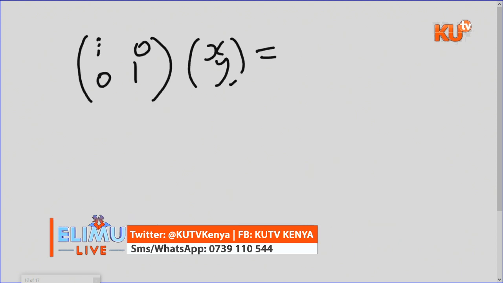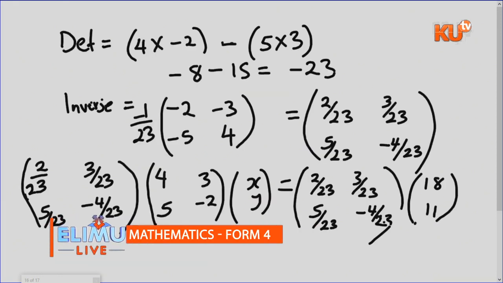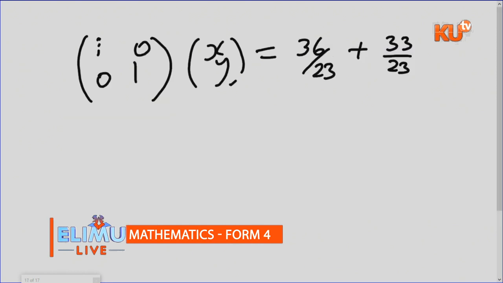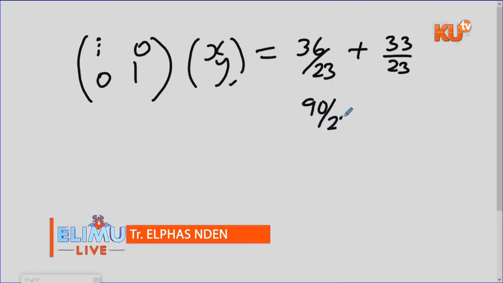So that is 36 over 23 plus 33 over 23. Again, the other side, we have 5 over 23 times 18. That should be 90 over 23. And then the other side, negative 4 over 23 times 11. It will be negative 44 over 23. So we have 90 over 23 minus 44 over 23. Good.